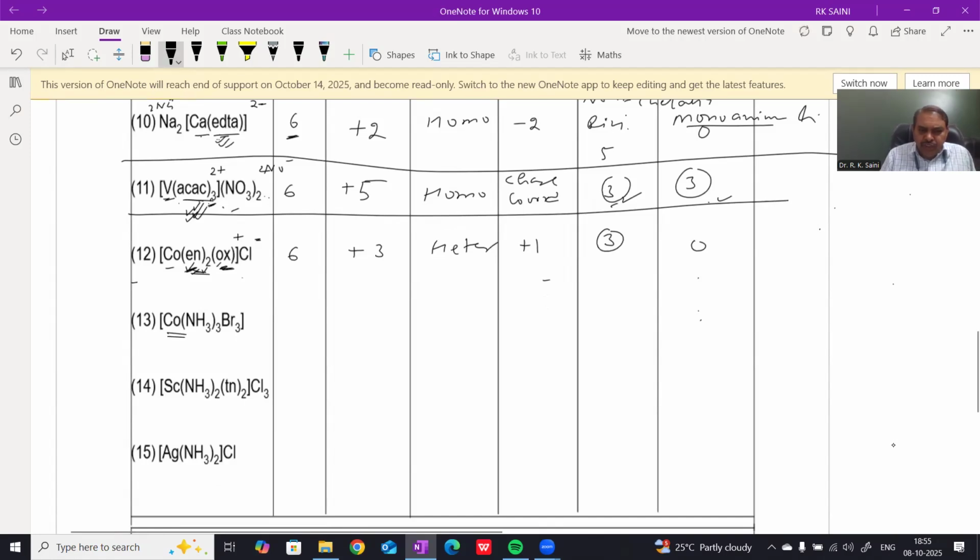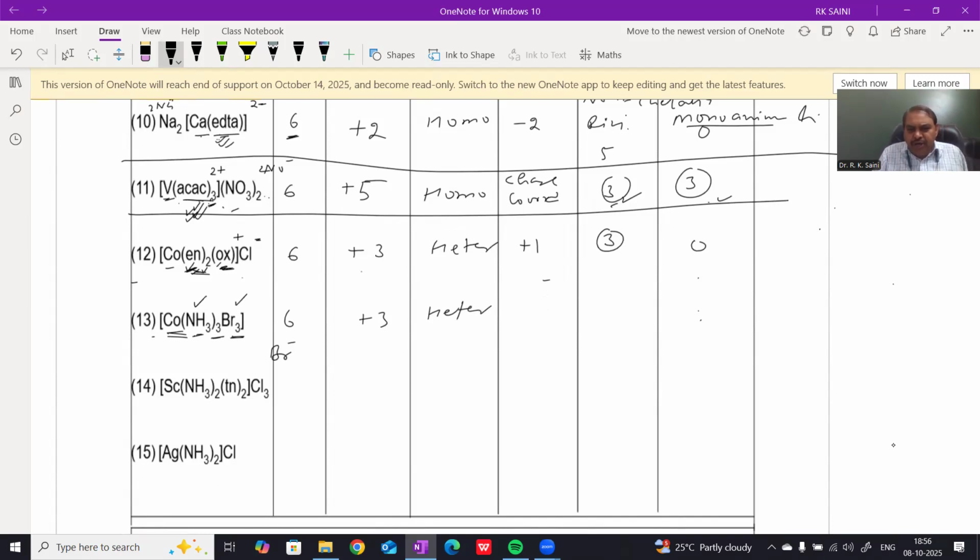Question 13. Coordination number of cobalt is also 6, because of 3 bromide and 3 ammonia. Oxidation state of cobalt is +3, because ammonia is neutral and bromide carries -1 charge. It is a heteroleptic complex because there is more than one kind of ligand, namely ammonia and bromide.